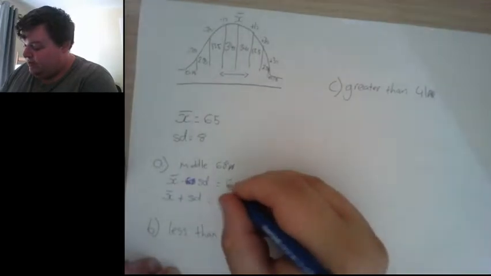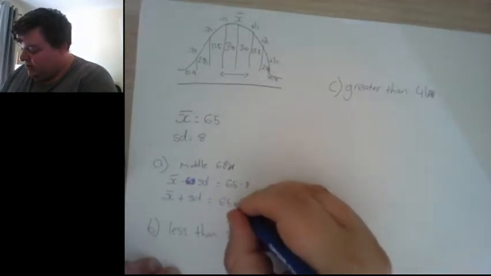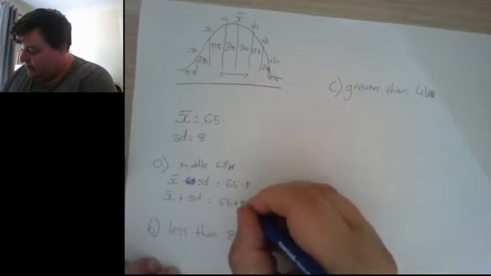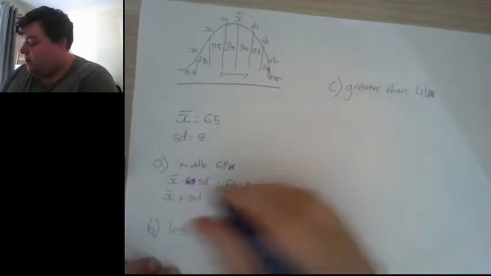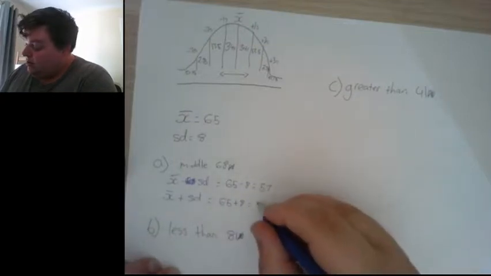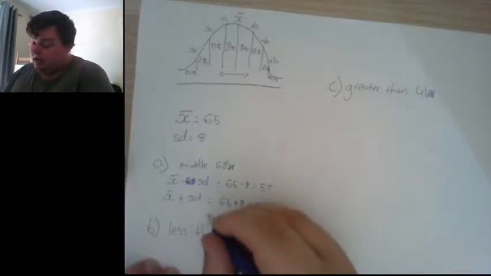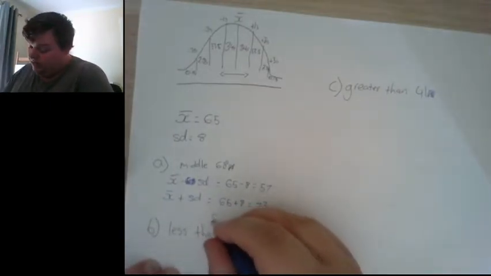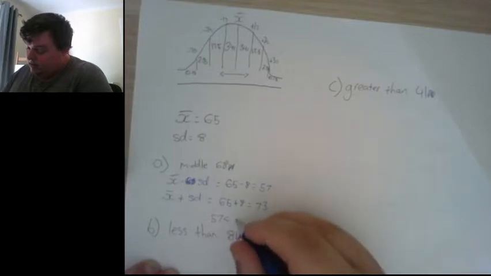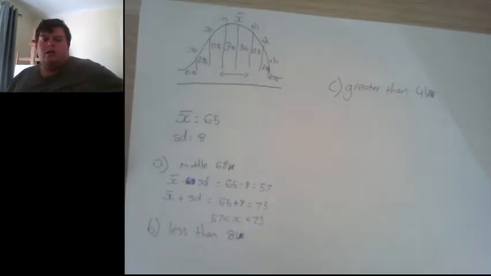So we have 65 minus 8 and 65 plus 8, which will give us 57 and 73. Alright, so I know that 68% of the data lies between those values. Hopefully that makes sense.